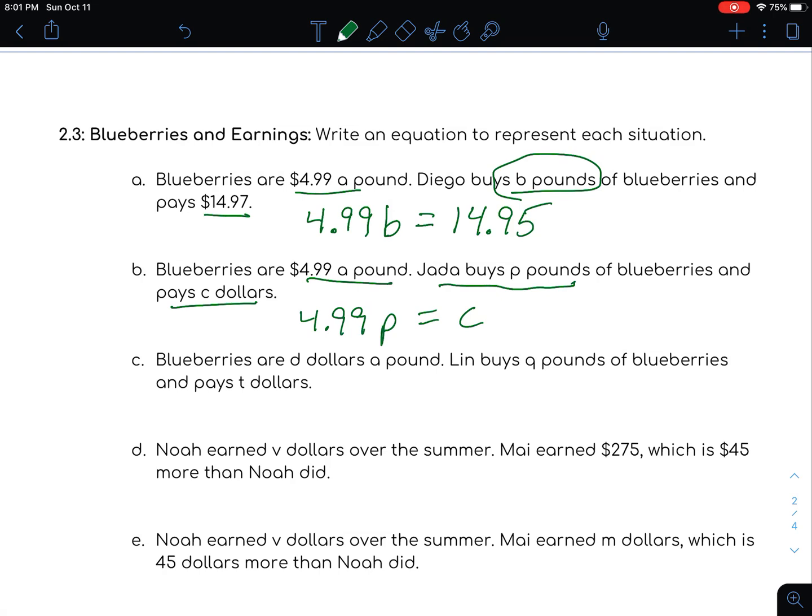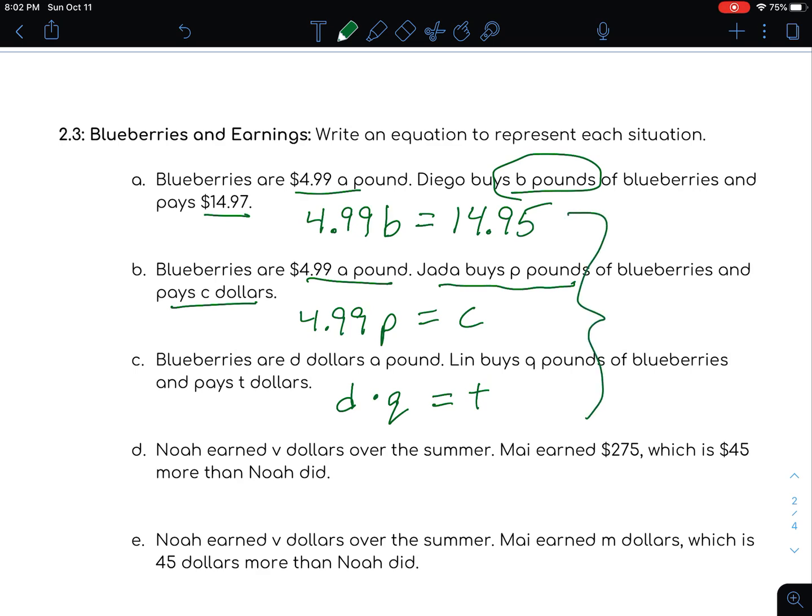What if they're all variables? Blueberries are D dollars a pound. Lynn buys Q pounds of blueberries and pays T dollars. So just like the other ones, let's use the same process, but put the variables where they belong. So D dollars per pound times however many pounds, in this case Q pounds, so D times Q equals our total, which is T in this case.